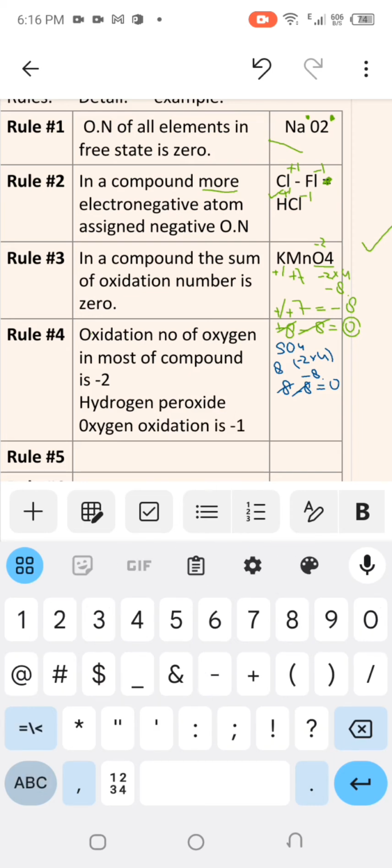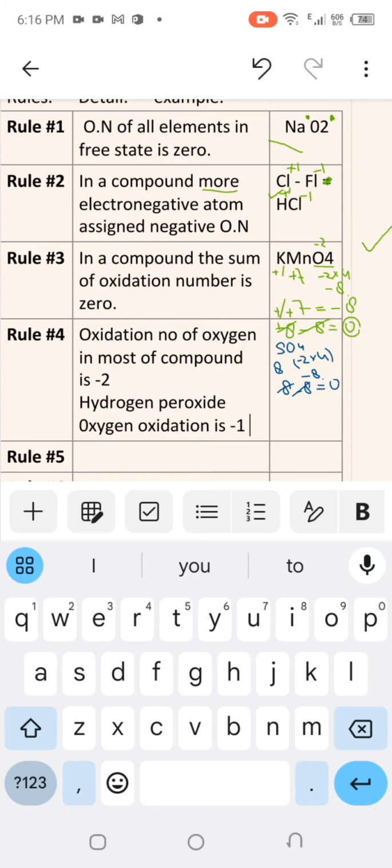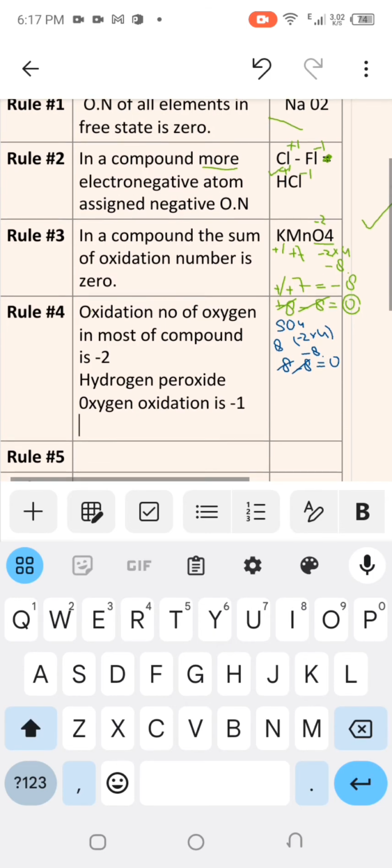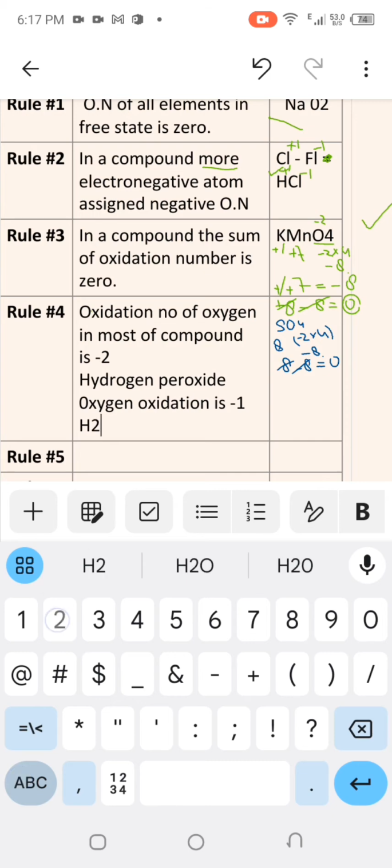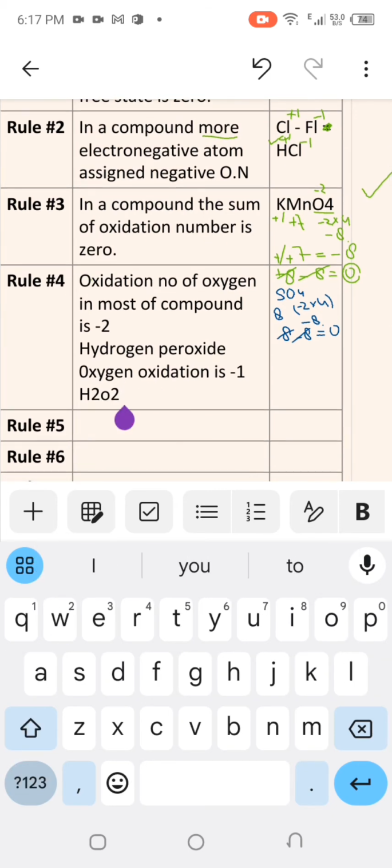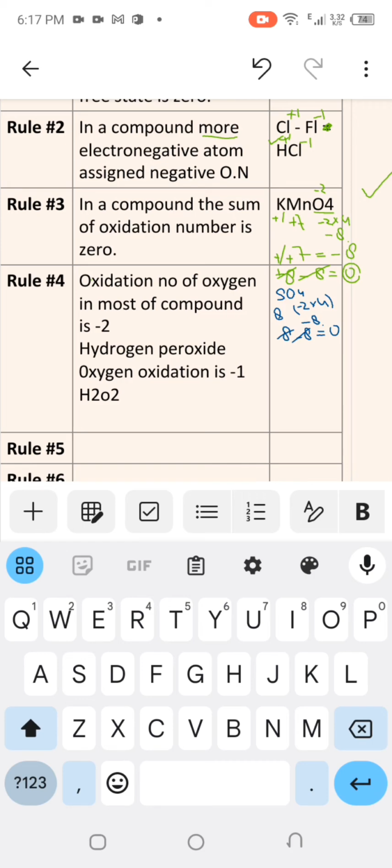So these are some exceptions that you have to remember: in hydrogen peroxide, the oxidation number of oxygen is -1. For example, we have H2O2. And others are sodium peroxide and beryllium peroxide. They contain the -1 oxidation number.